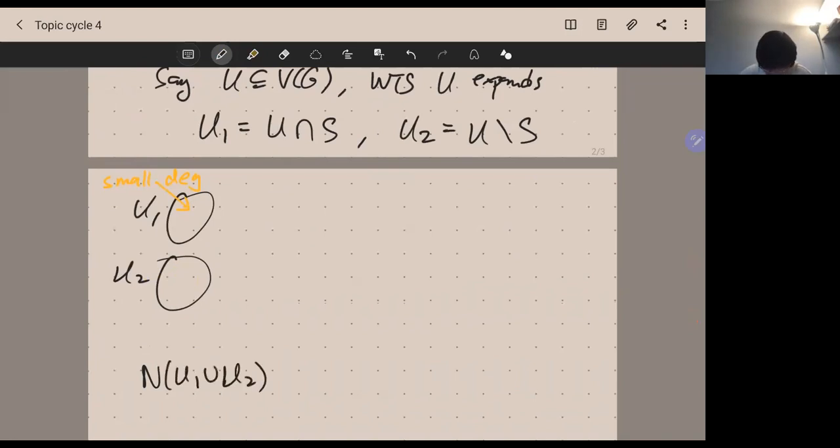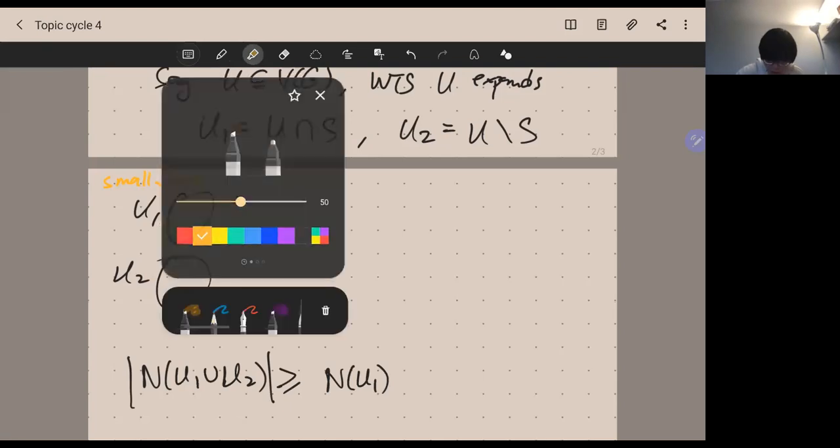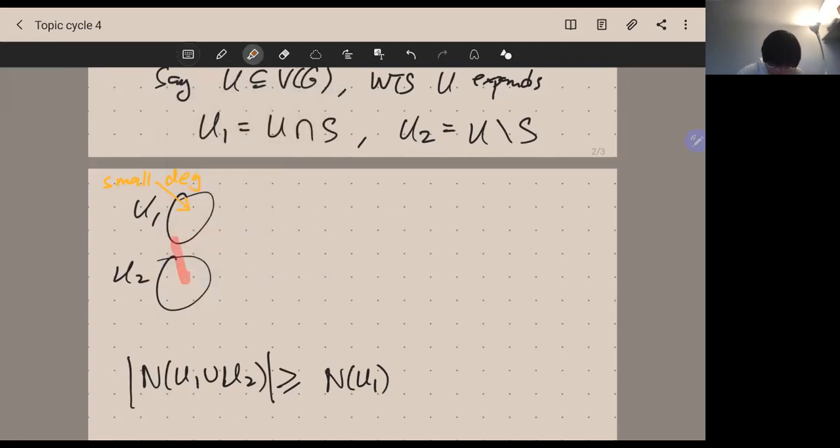U1 union U2 is U. So we want to bound this by inclusion exclusion. This is at least the external neighborhood of U1. But we have to be a little bit careful because the neighborhood of U1 could look like this. It could intersect U2. We want the external neighborhood of U1 union U2, so we have to kick out U2.